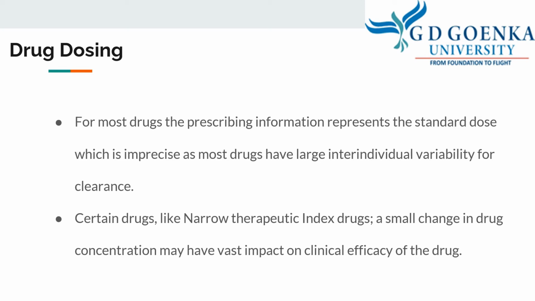So in the case of drugs which are eliminated primarily through the kidneys, and if there is renal impairment, coupled with the fact that they are a narrow therapeutic index drug like lithium, a dosage adjustment is very important.